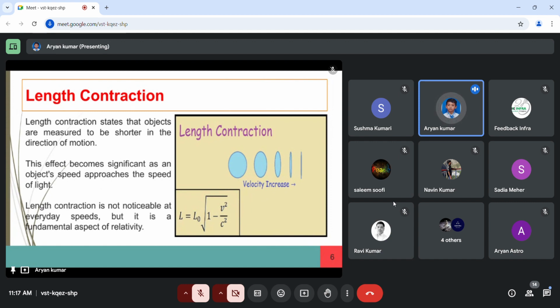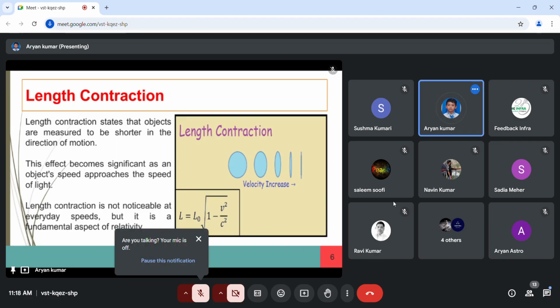Our next topic is length contraction by special relativity. Length contraction states that objects are measured to be shorter in the direction of motion. This effect becomes significant as an object's speed approaches the speed of light. Length contraction is not noticeable at everyday speeds, but it is a fundamental aspect of relativity.